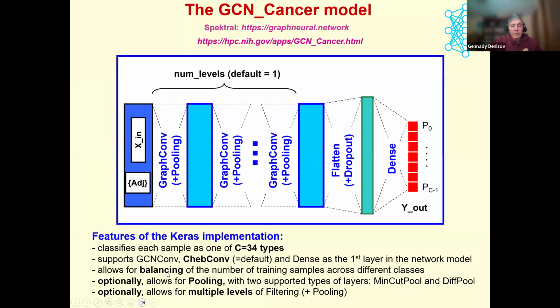The third difference is balancing of the number of training samples across different classes using a specific technique, which will be described. And finally, optionally, there is support for pooling layers. As I mentioned previously, you can merge some of the nodes into super nodes. And also, there is an option for using multiple layers of graph convolution instead of just one. One is default, but you can repeat the same operation several times.